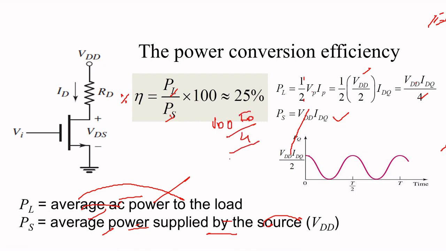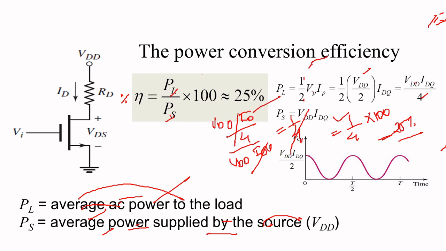What is your PS? VDD into IDQ. Both will cancel and you will have 1 by 4. In terms of percentage, you multiply by 100 and you get 25%. Approximately, it was given here.